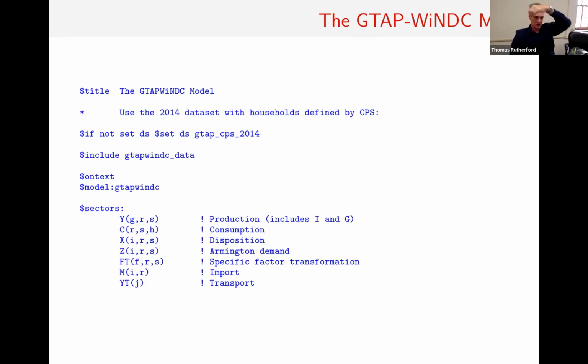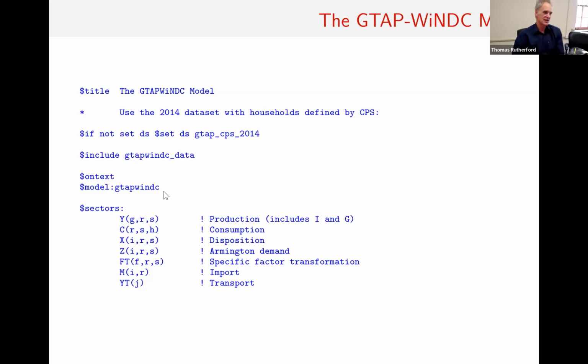So in the MPSGE-based model, we have a sector I, which is commodities, R, which is regions, and then to bring in GTAP or WiNDC, we have S, which are subregions, think of that as states, and then H, which is households. The sector G represents the sectors in I together with investment and public expenditure.